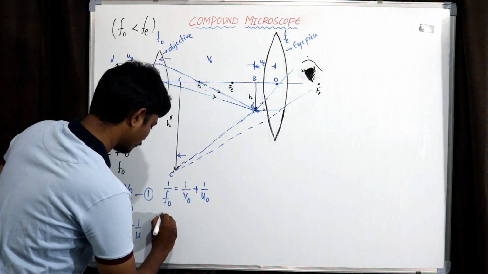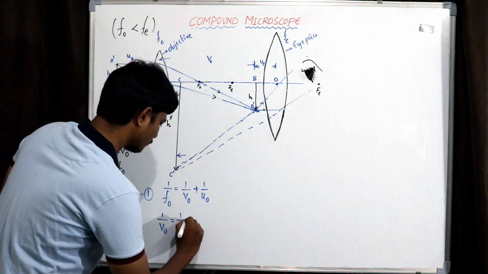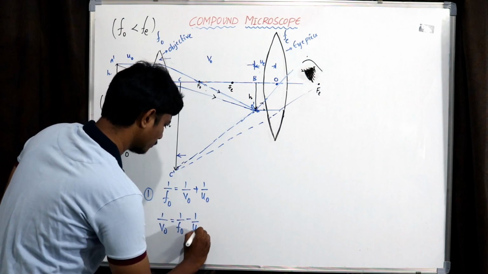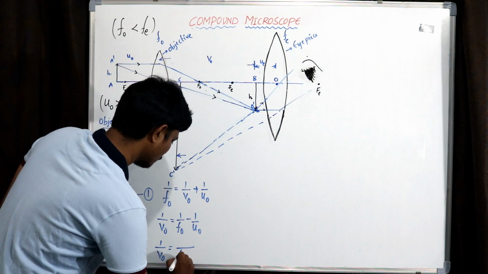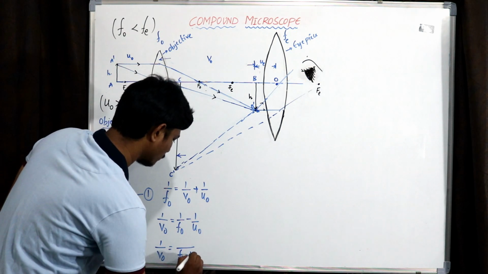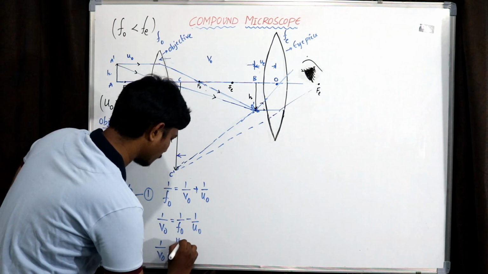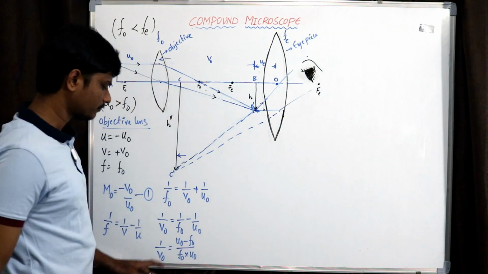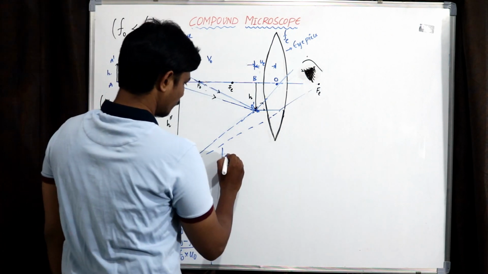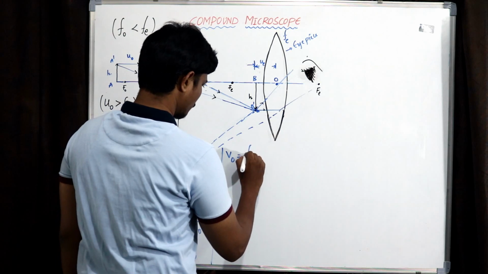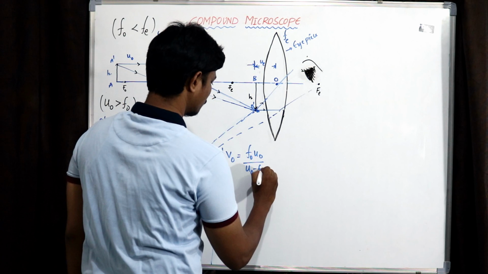Sending 1 by u naught to this side, 1 by v naught is equal to 1 by f naught minus 1 by u naught. Simplifying, taking the LCM, 1 by v naught is equal to u naught minus f naught by f naught into u naught. Therefore v naught is equal to f naught u naught by u naught minus f naught.